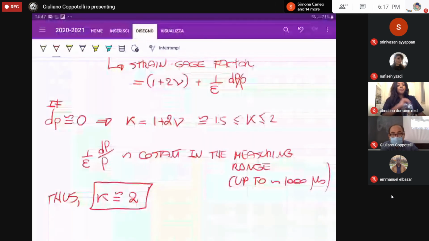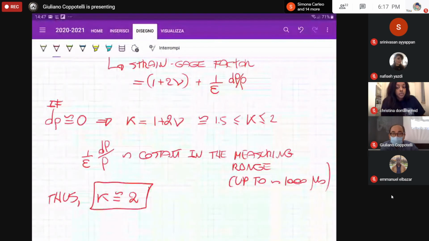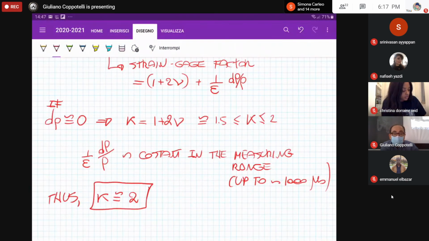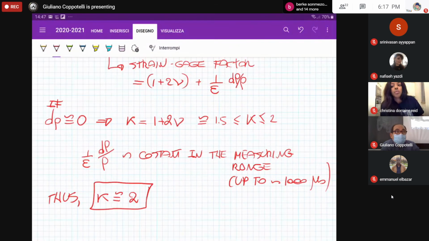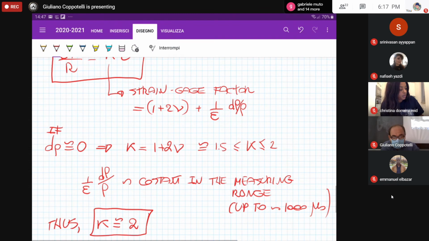So despite the equation, that would lead us to say that there is a nonlinear relation, actually it is not. K is constant, and the typical value is 2. If you fail to remember this during your final exam, you won't pass the exam. That is of major importance.